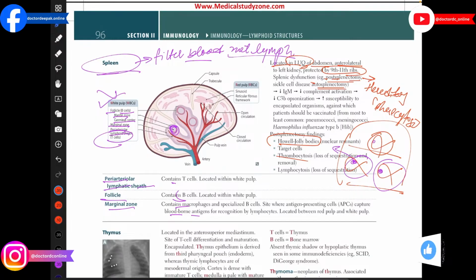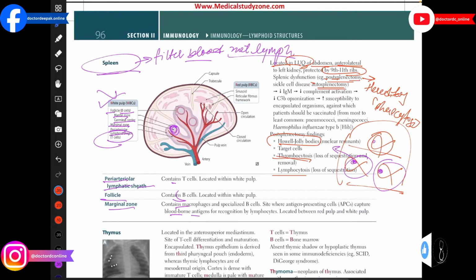If we have no spleen, there will be no storage of platelets and no regulation, so there will be thrombocytosis. Lymphocytosis is the same: the spleen destroys and stores lymphocytes, so if there is no spleen, there will also be lymphocytosis. Okay, this is all about the spleen.